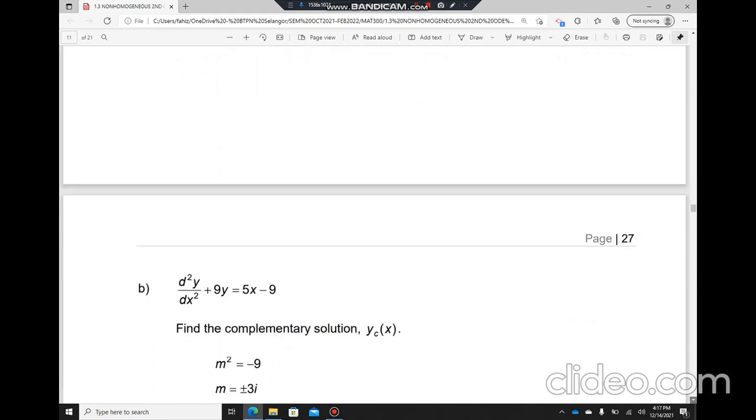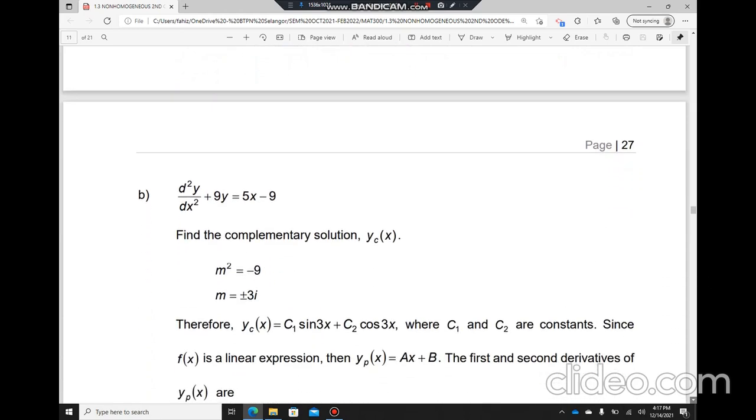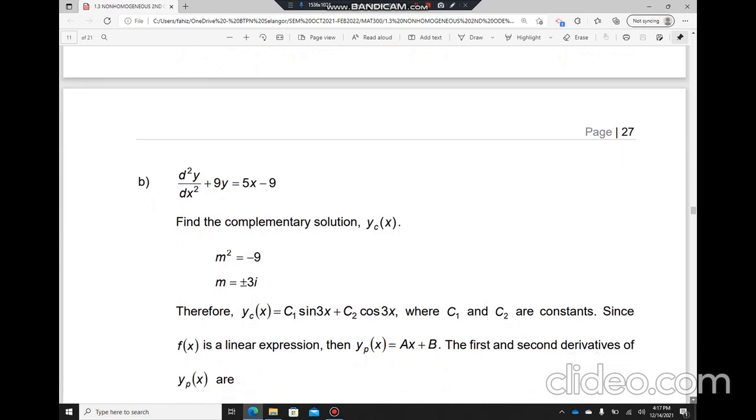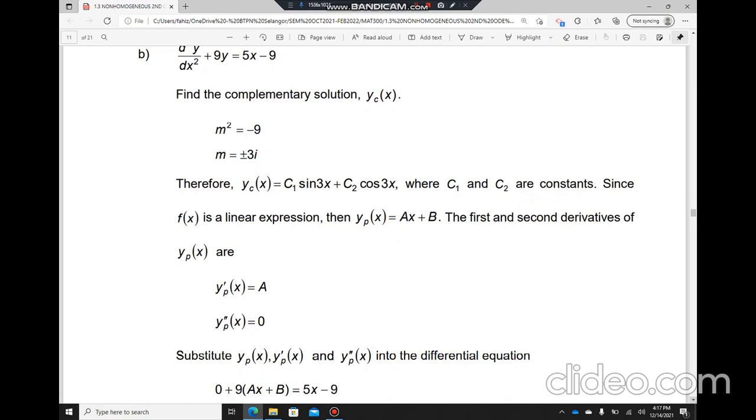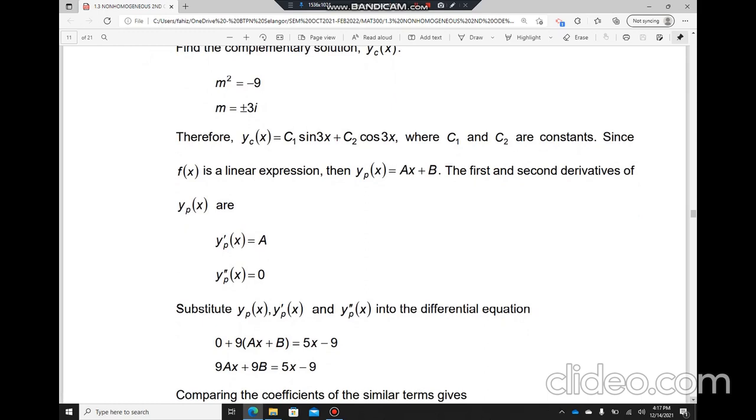Okay, next B pun step yang sama juga. First awak cari dulu complementary solution which is YC. Identify the value of M. Dalam case ni M kita dapat conjugate roots, alpha plus beta, alpha 0, beta 3. Okay, masukkan YC.